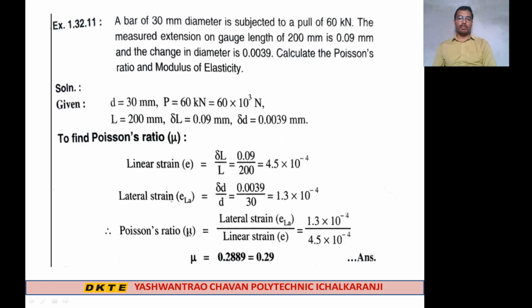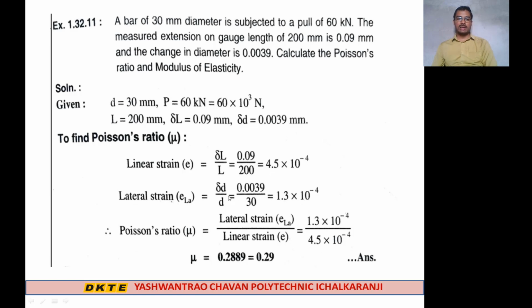Mu is equal to lateral strain divided by linear strain. Therefore, we have to calculate lateral strain and linear strain. Linear strain is equal to dL upon L. dL is 0.09 and L is 200, that is the gauge length is 200 millimeter. We will get 4.5 into 10 raised to minus 4.